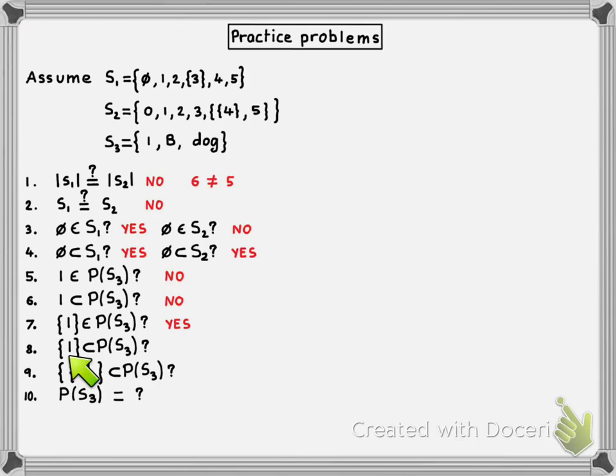Well, there's only one, it's the number 1. So is 1 an element of the power set of S3? And the answer is no. We already answered this question right here. So since 1 is not an element of the power set of S3, the set of 1 is not a subset of the power set of S3. So the answer here is no.